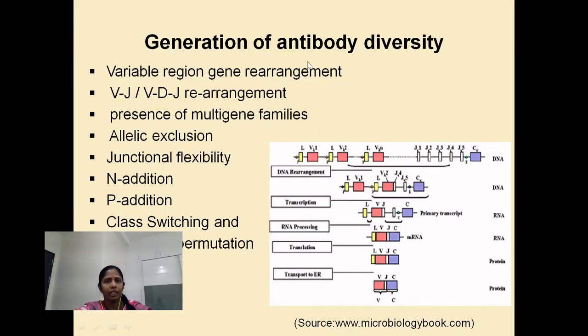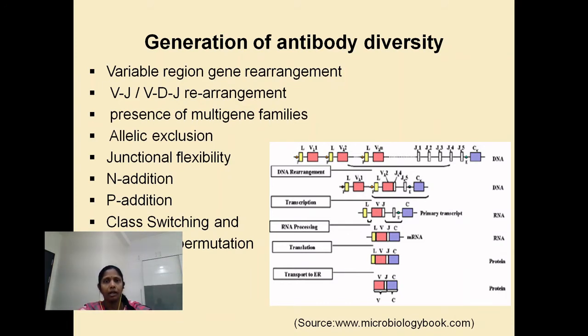The generation of antibody diversity involves different phenomena like gene rearrangement in the variable region, VJ or VDJ rearrangement and combinations, presence of multi-gene families, allelic exclusion, and junctional flexibility, which almost bring about 10 power 6 combinations of antibody molecules.